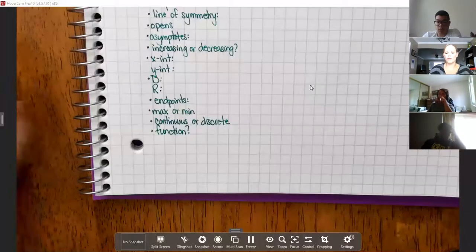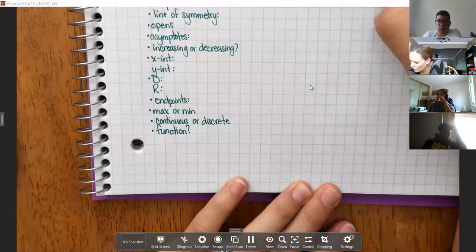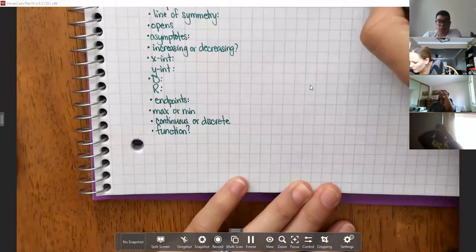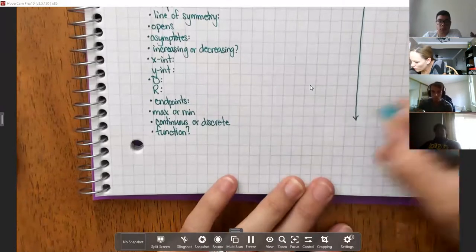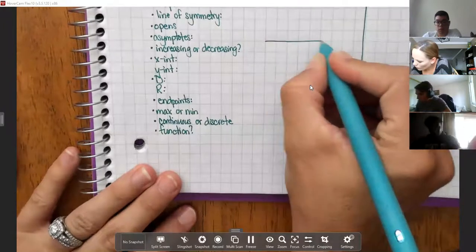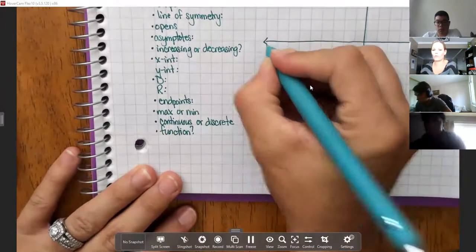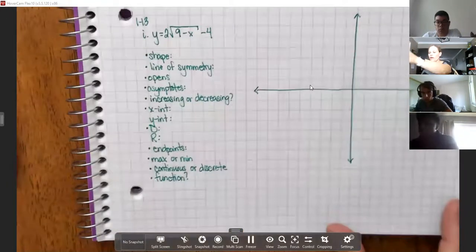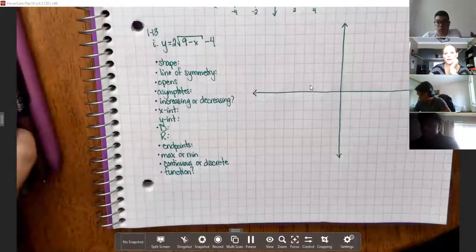Okay, so hopefully you can see that. And then we're gonna copy our graph down, leave some space to make your table. Again, that was all of the stuff that the book listed for us.